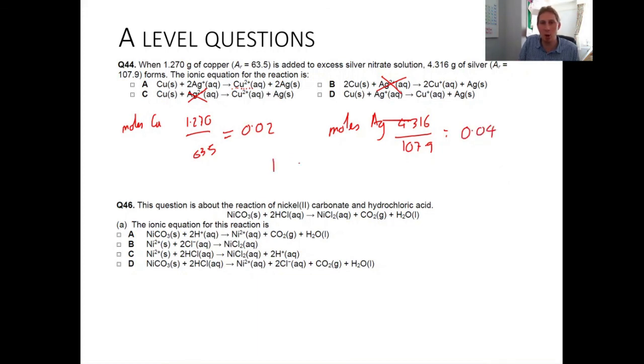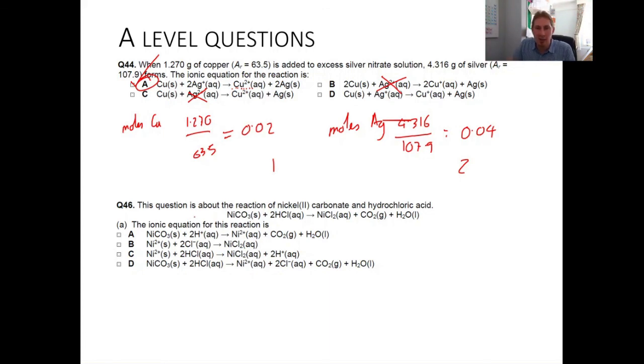So that is 1 to 2, 1 copper to 2 silvers. So it must have been A, which actually we could have presumed by assuming that copper was 2+. But we know that silver is always 1+, so it couldn't have been B or C.